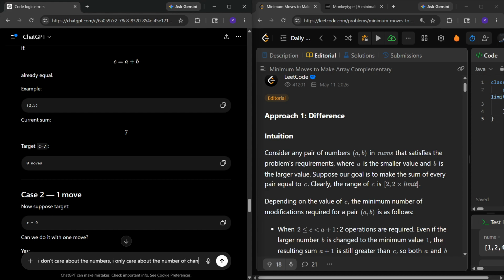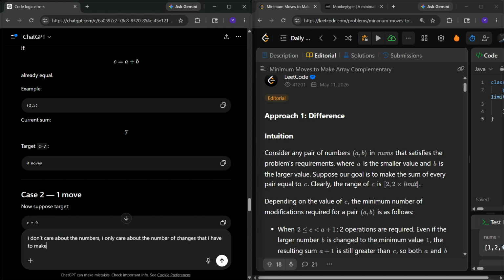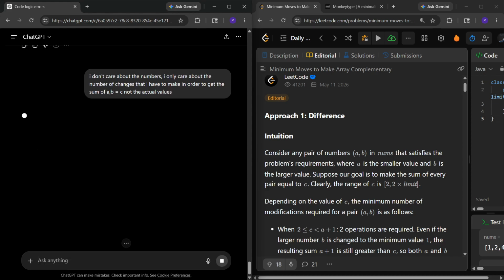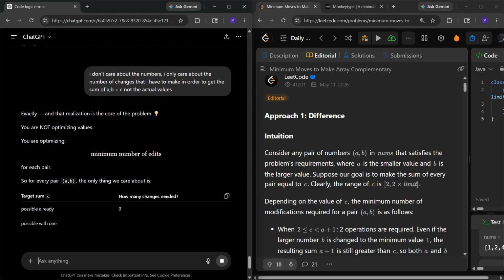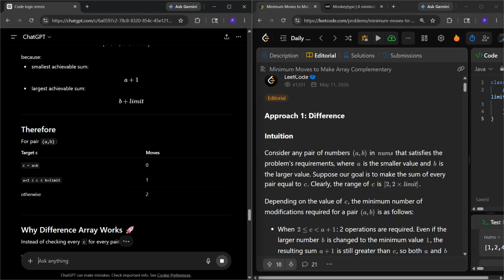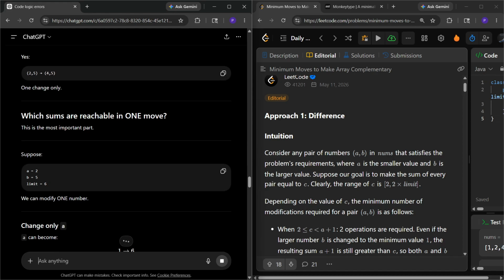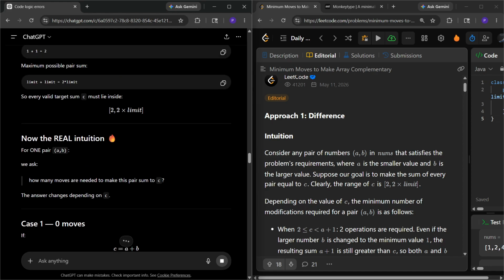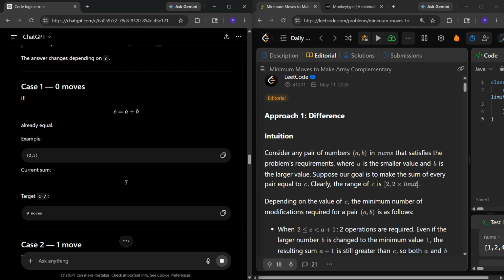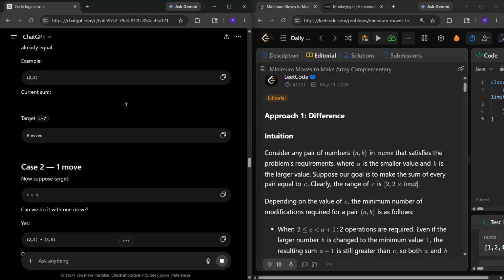the number of changes that I have to make in order to get the sum of A comma B equal to C, not the actual values. That makes some sense. A plus B is already equal to 7. I don't have to change anything.